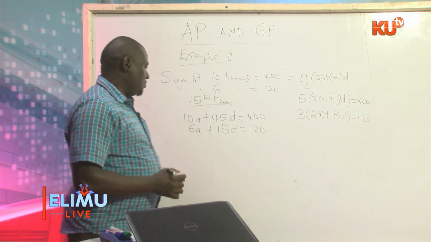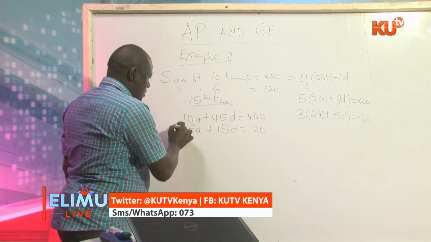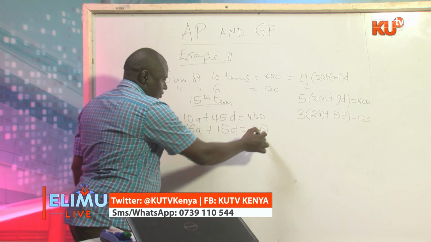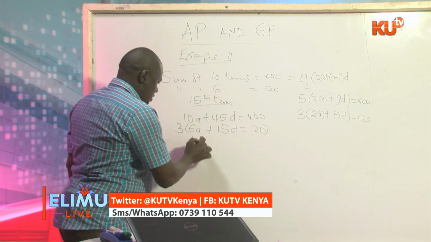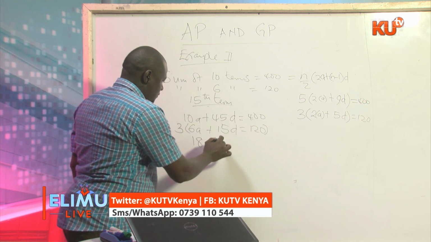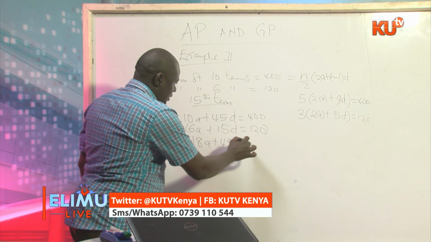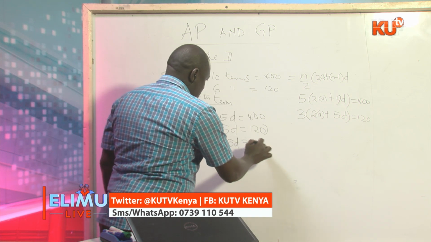For us to eliminate D, we need to multiply the second equation by 3 so that we have 18A plus 45D giving us 360.